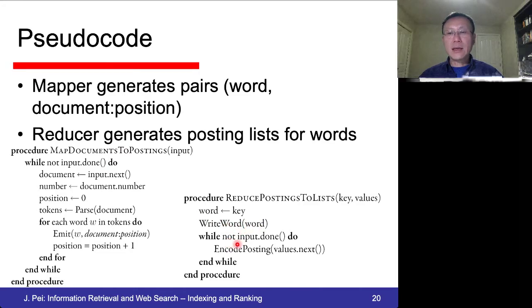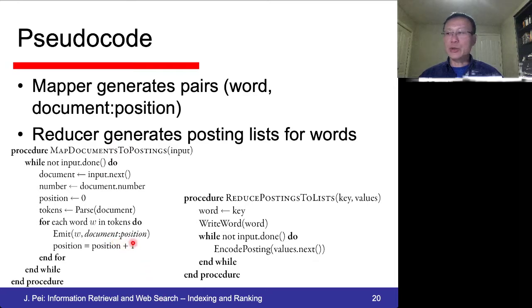Then it keeps getting all those pairs from the input to the reducer, and then it looks at the postings, encodes those postings and writes that on the disk. Then that makes the complete list of word postings for the specific word. Is that simple? Yes, indeed.